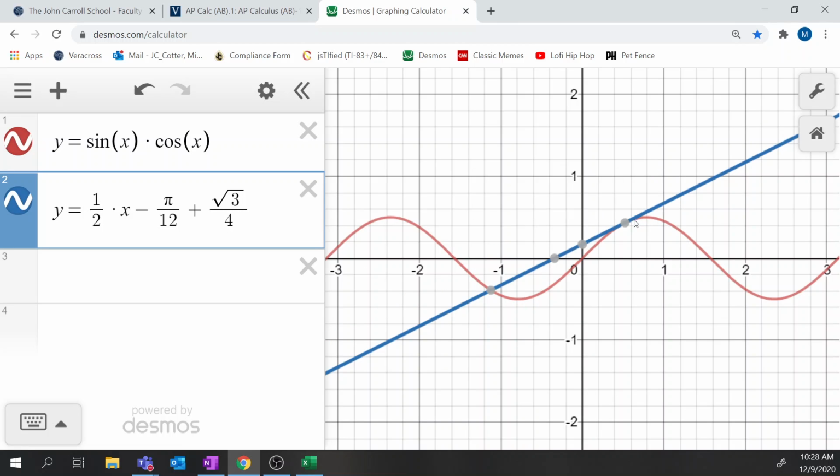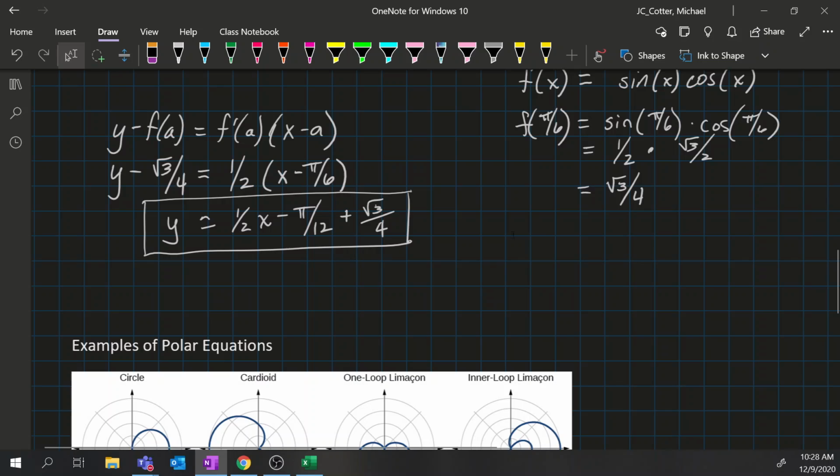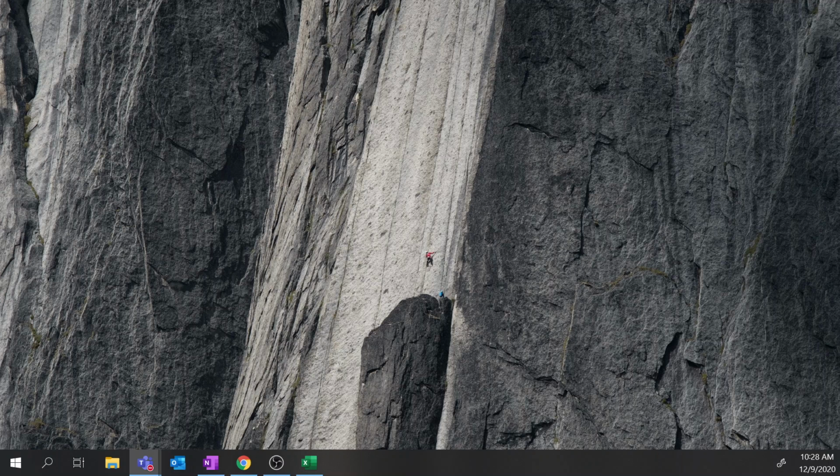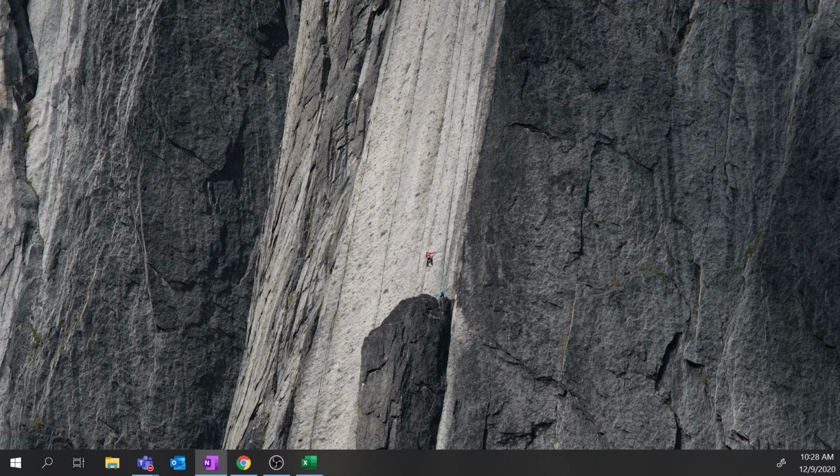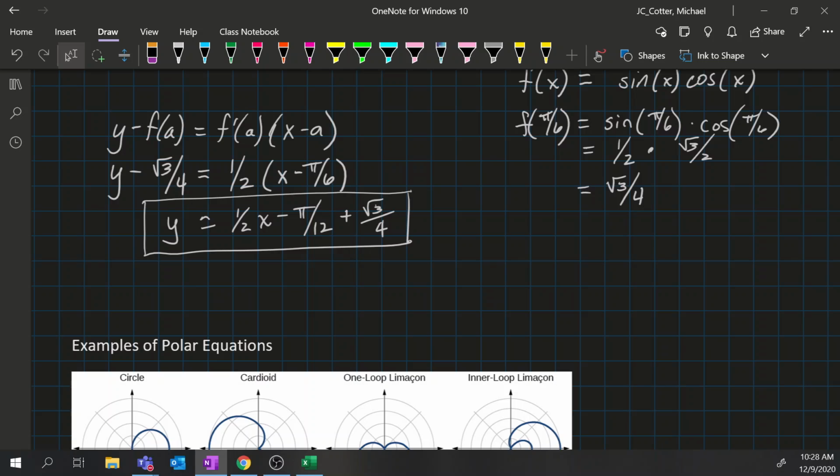Whereas here you can very clearly see that it is tangent to the original function. So that's a clue that you got it. You can also use the f prime x function to find the derivative as well, or to confirm your derivative in Desmos.